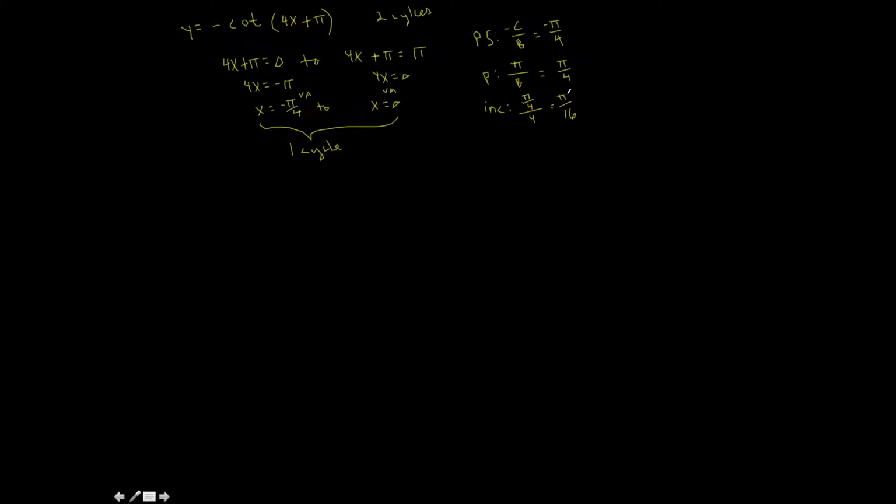All right, so now let's go to this next page before we begin to graph this. So we know that for y equals the negative cotangent of 4x plus pi, one cycle is from negative pi over 4 to 0.